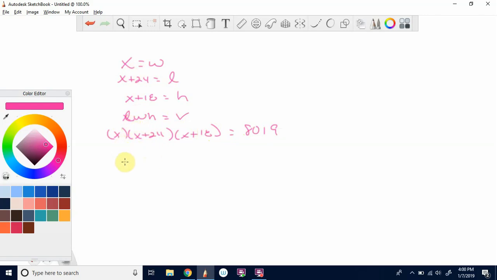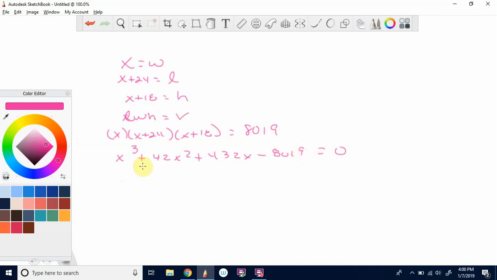We're going to multiply this, and we're not going to save time, so we're going to let the book do it for us. x cubed plus 42x squared plus 432x minus 8,019, correct? Equals 0. So we have to find all the zeros to solve for x.